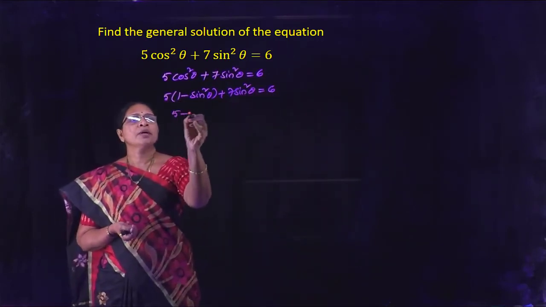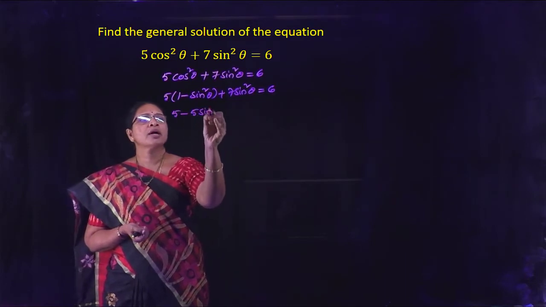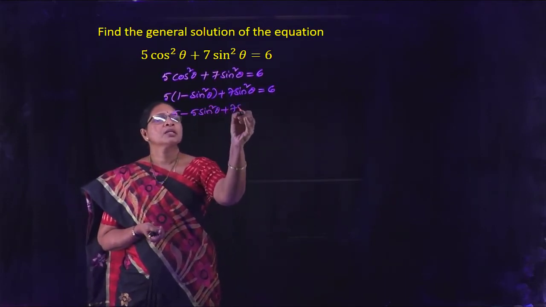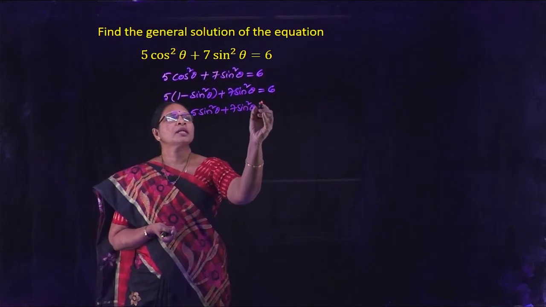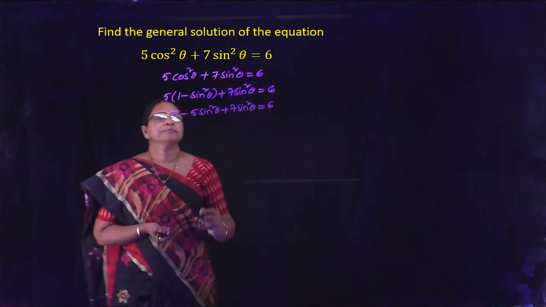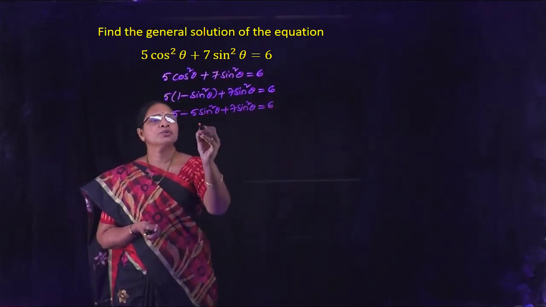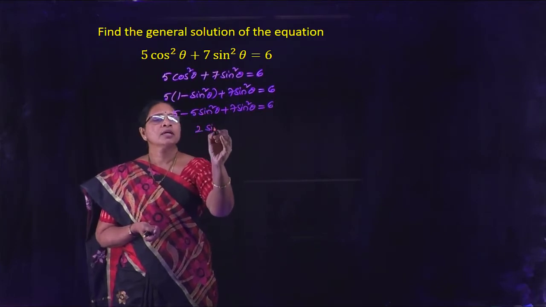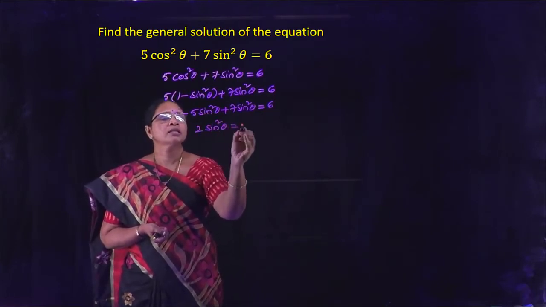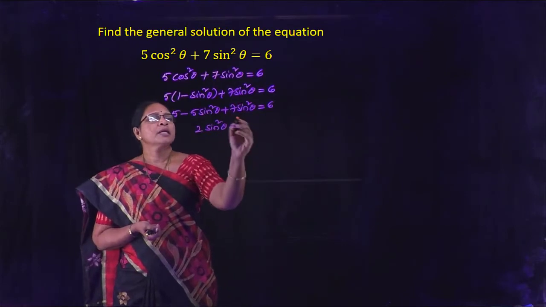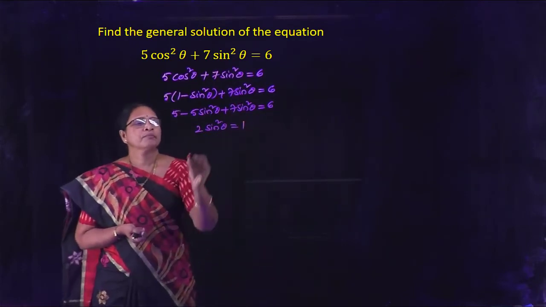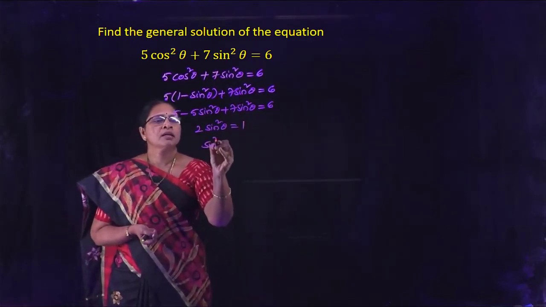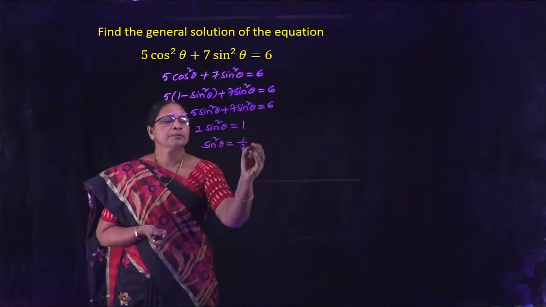So 5 minus 5 sin square theta plus 7 sin square theta is equal to 6. Adding these two terms, 2 sin square theta is equal to 6 minus 5, that is 1. Sin square theta is equal to 1 by 2.